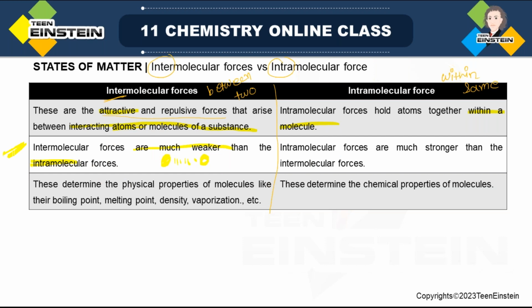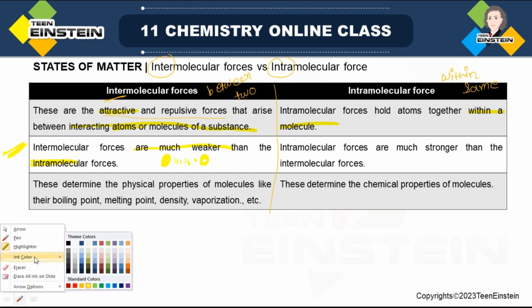Because for intramolecular forces, mainly we consider covalent bond and ionic bond. These two types of bonds we have already learned in the previous unit. So when a covalent bond is present between two atoms, or an ionic bond is present between two atoms, these are actually intramolecular forces.